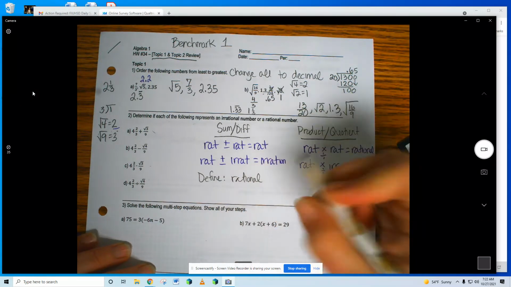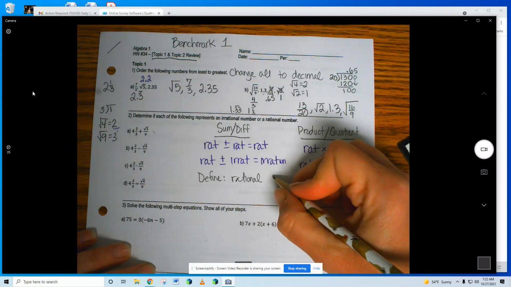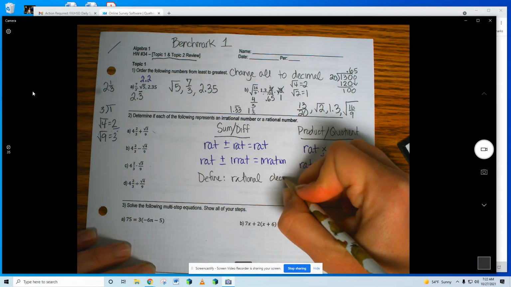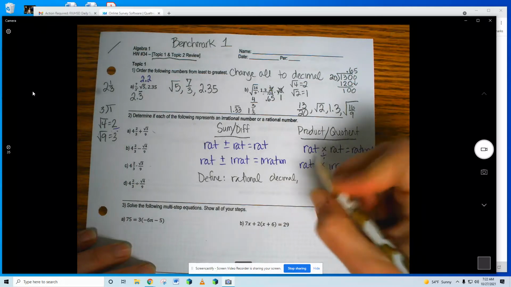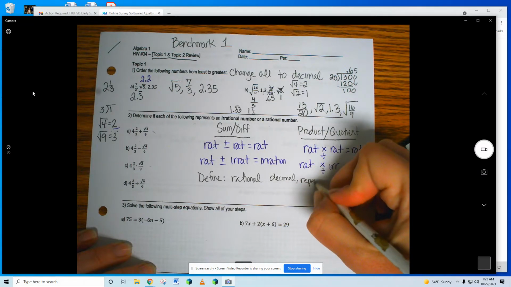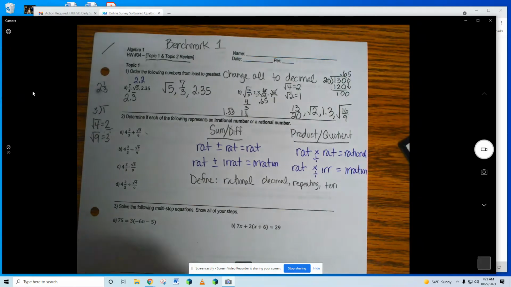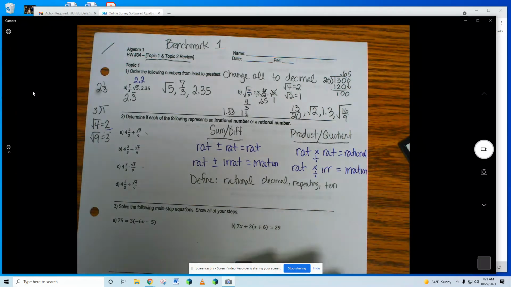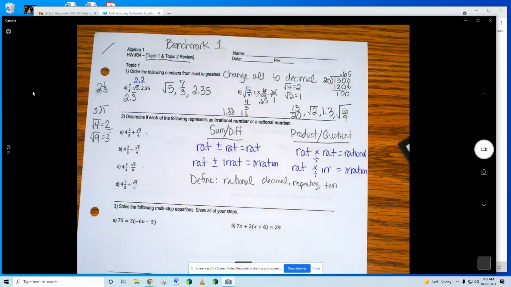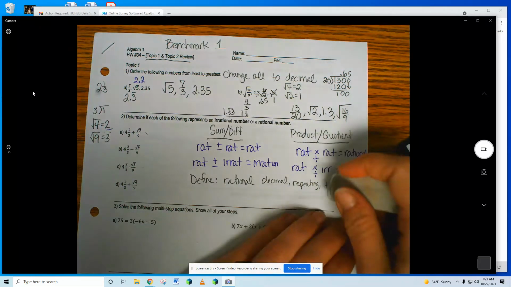A rational number is going to be just a normal decimal, a repeating decimal, a terminating decimal, because it ends. A terminating decimal is the same as a normal decimal. It's like 2.68. The decimal stops. That's rational.